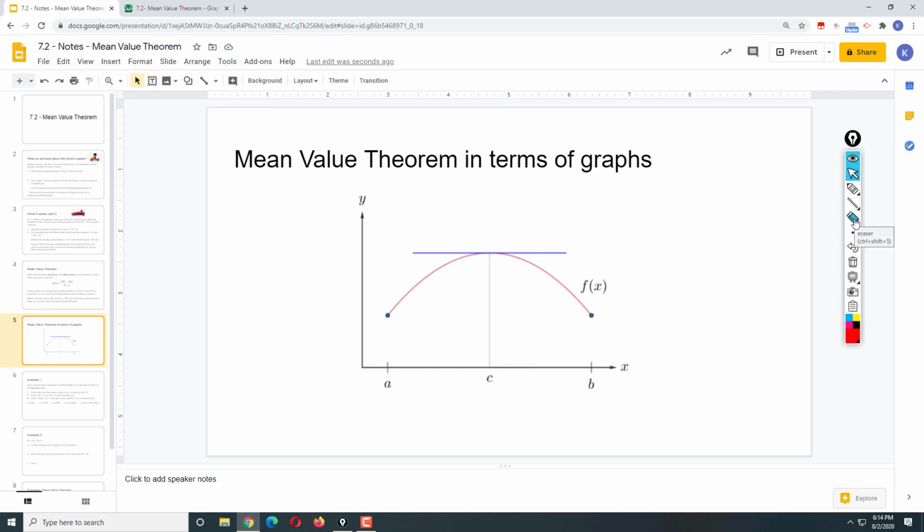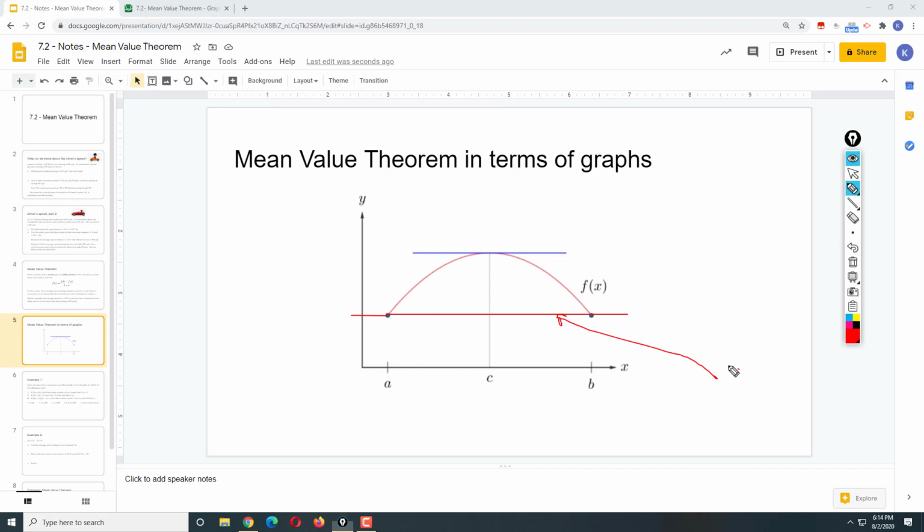Also, we know that f(a) is equal to f(b). The graph started and ended with the same y. If I draw a straight line between f(a) and f(b), there's a name for this line.